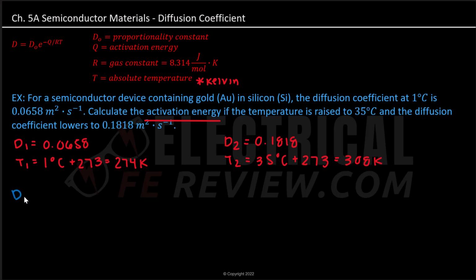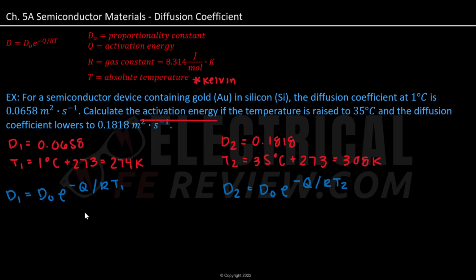And now that we know our variables, we can go ahead and set up our equation for diffusion coefficient. So we can write D1 is equal to D naught times e to the negative Q divided by R times T1, and for our second diffusion coefficient, it is equal to D naught times e to the negative Q divided by R times T2. Now that we have two equations, we need to use both of these to solve for Q, our activation energy.